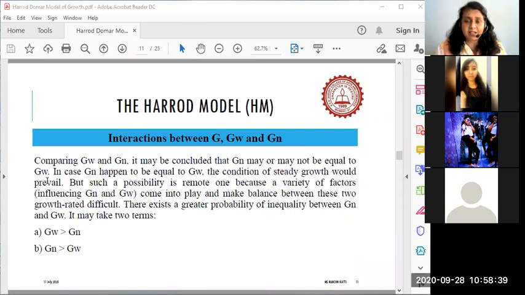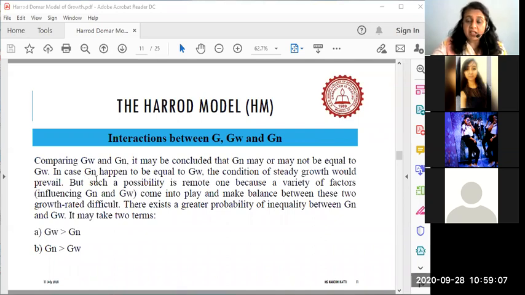Very correct, class. If I take a pre-pandemic situation and say 6.8 is GN and GW is 10%, then 6.8 and 10 are not matching, they are not equal. So this means GN happens to be equal to GW.